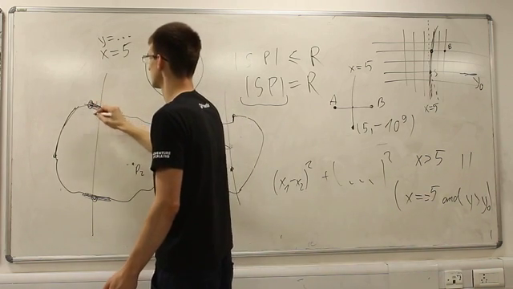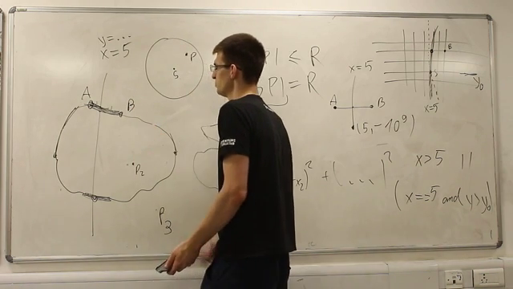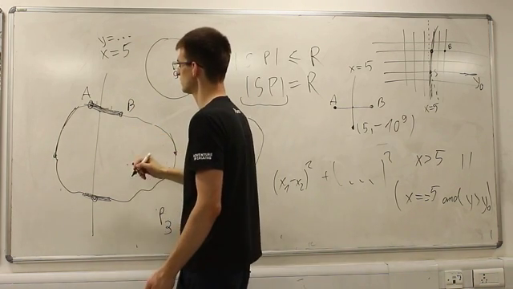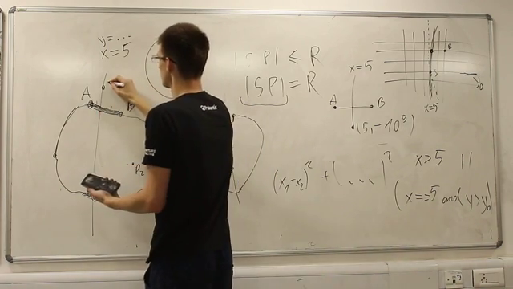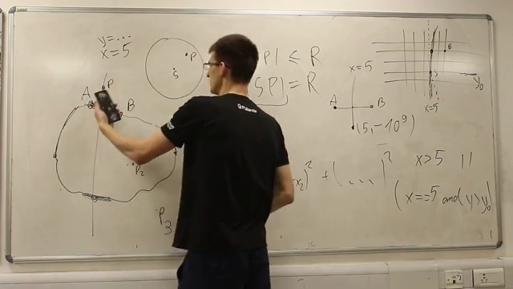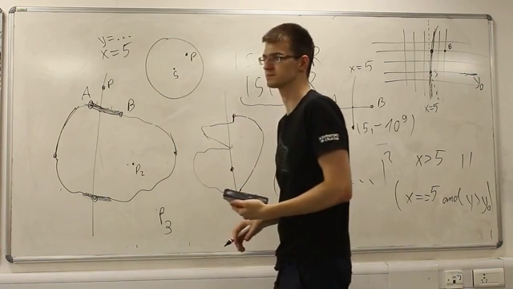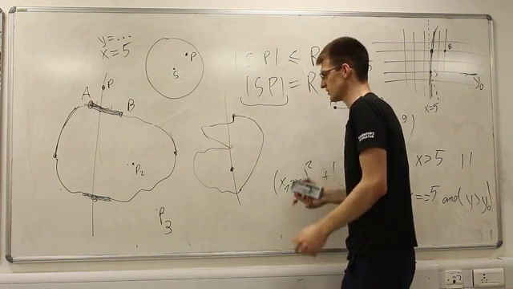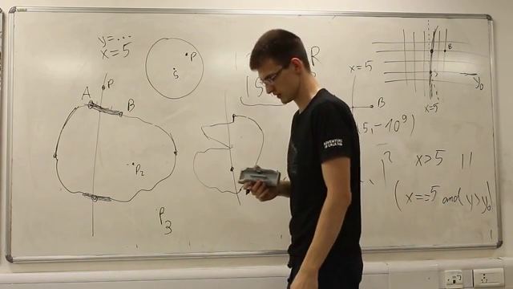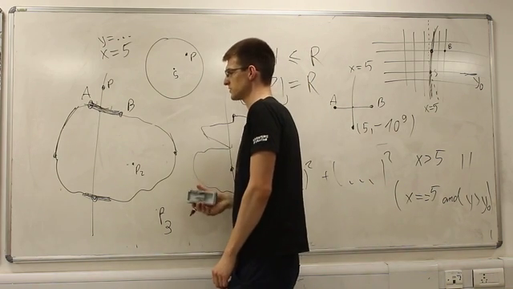So if this is AB, P is above the segment if and only if the cross product from A says that P is smaller than B, that is more on the left. And so the binary search works for convex polygons.